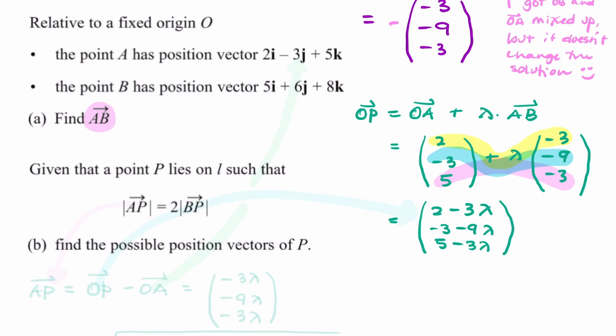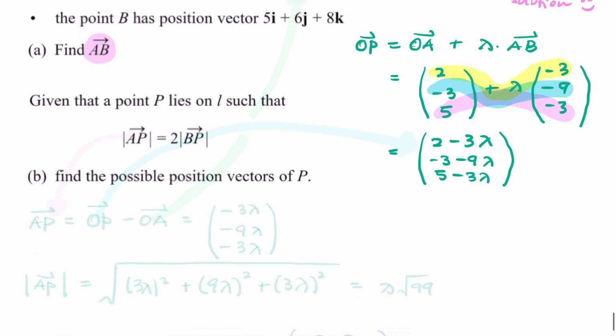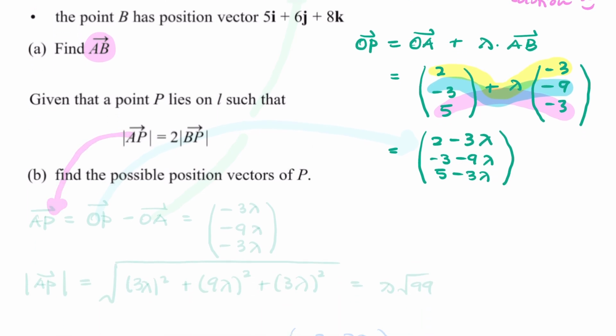And now we can say AP is simply OP minus OA. And we can do that all in one go because we know OP, we just found that, and OA is given in the question.